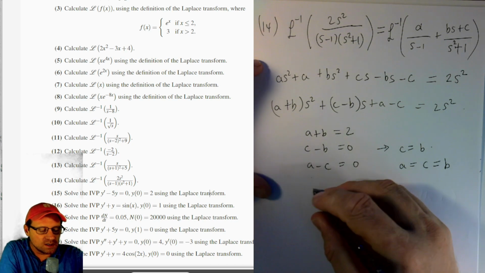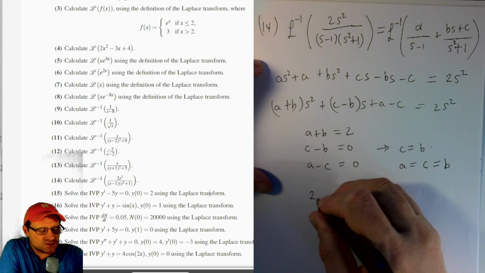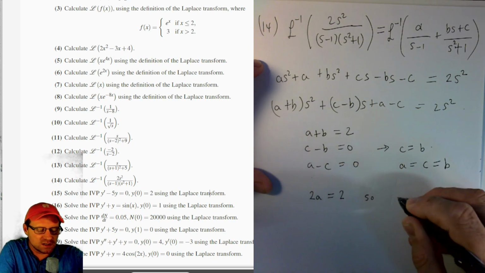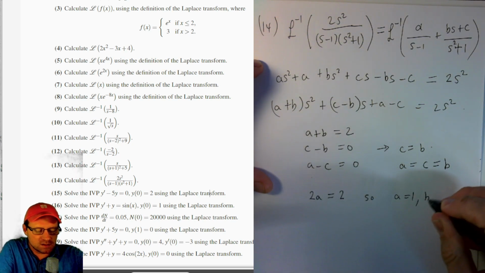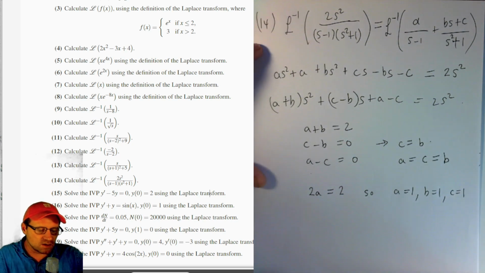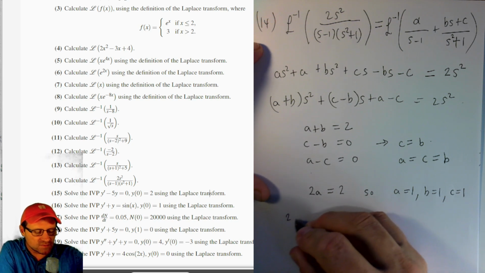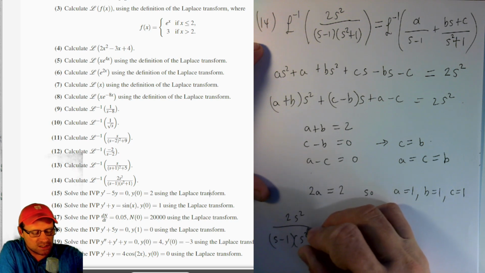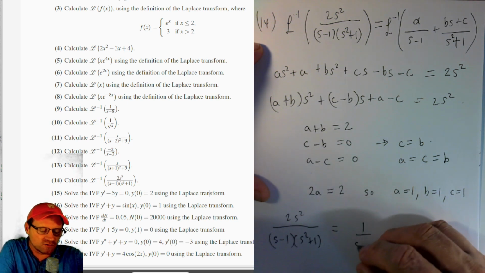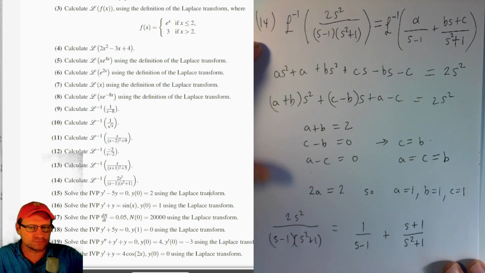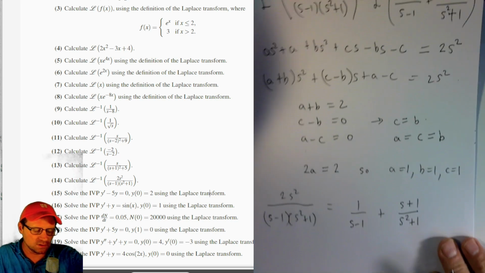Then the top line gives us 2A, because B is equal to A. 2A is equal to 2, so A is equal to 1, B is equal to 1, and C is equal to 1. All right, and so then we have 2s² over (s − 1)(s² + 1) equal to 1 over (s − 1) plus (s + 1) over (s² + 1).